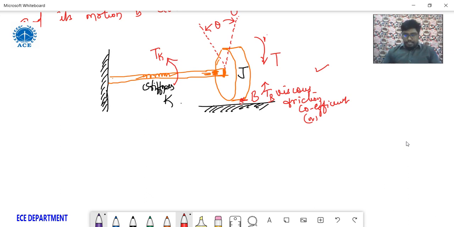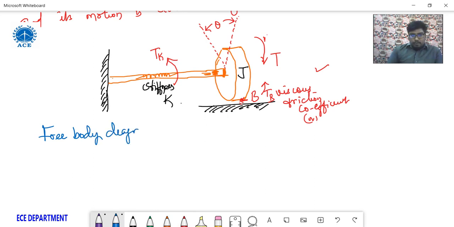So for the above given rotational system, I am writing the free body diagram. If you want details about the free body diagram, go to the previous lecture of this class, on translational mechanical system, where I discussed it in detail. So here let us draw the free body diagram.